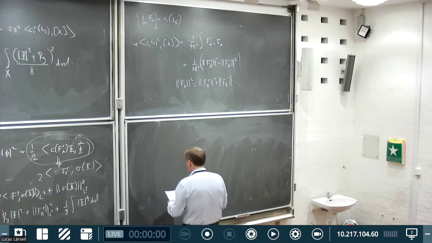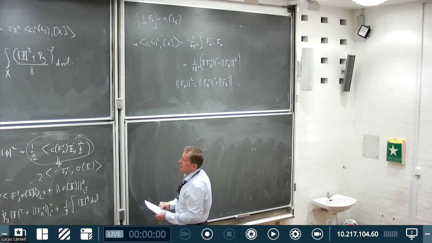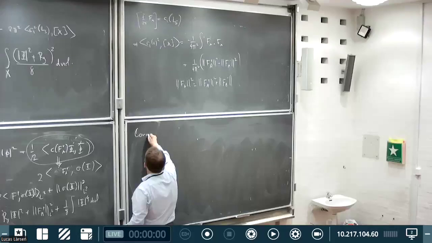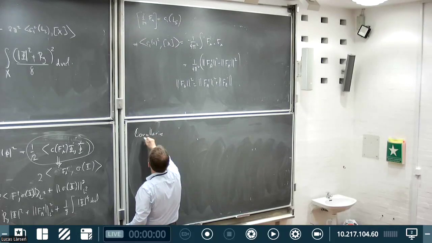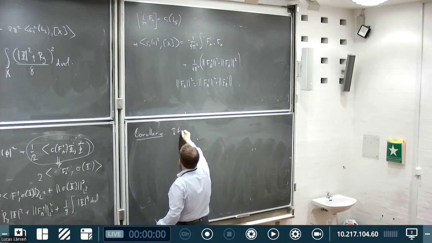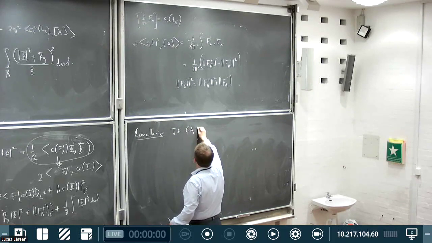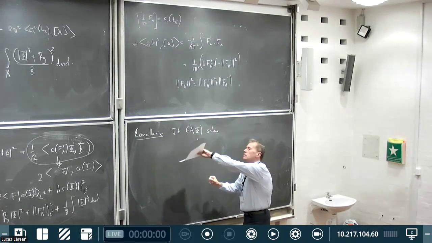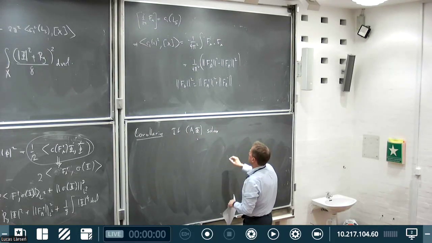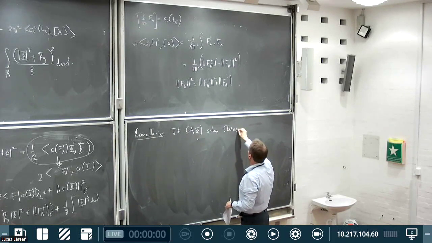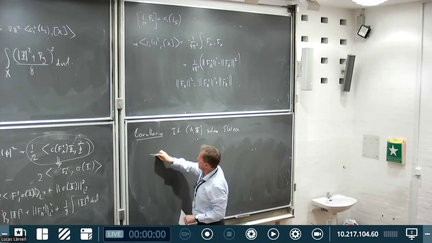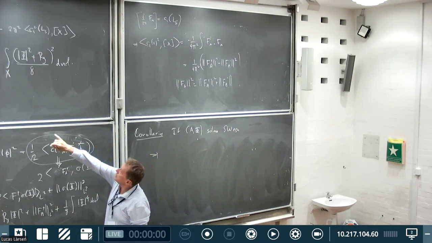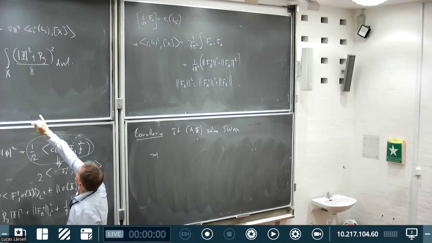So one thing to notice is that if A solves the Seiberg-Witten equations, then there's my formula. If it solves the Seiberg-Witten equations, that side is 0.